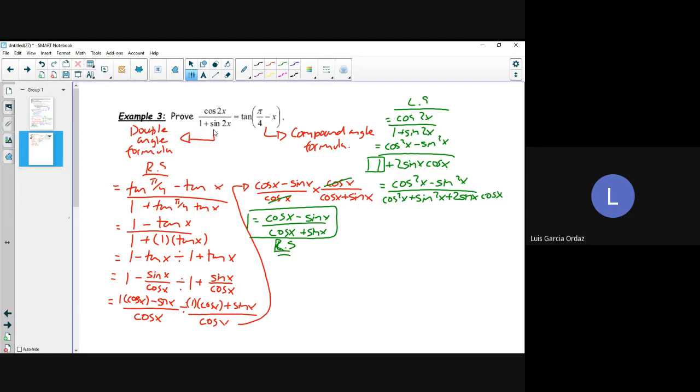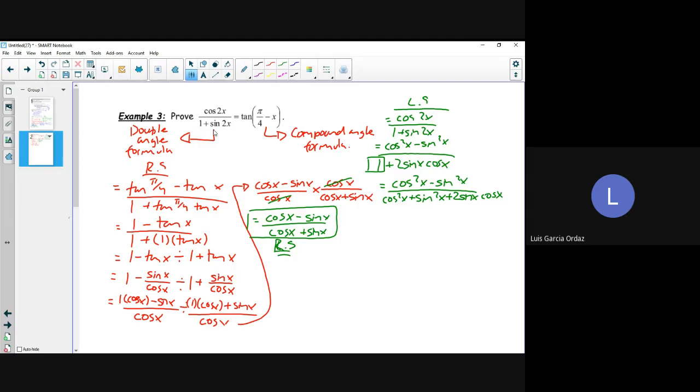And this is the part where we're going to dislike trig identities because it involves polynomial equations now. If we look at the numerator, what type of polynomial equation does it look like? It looks like a difference of squares, okay?